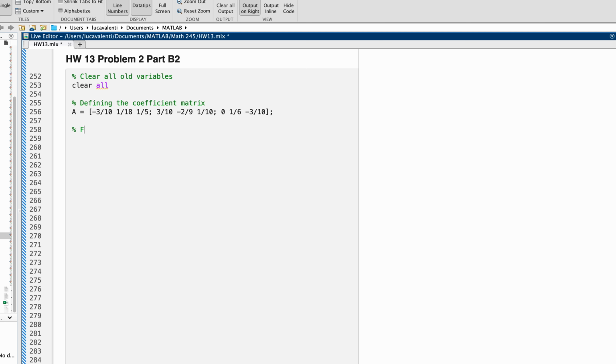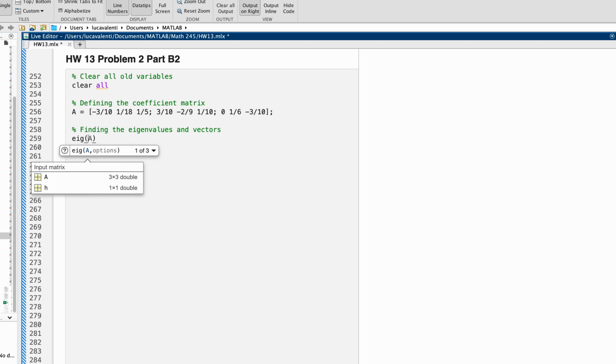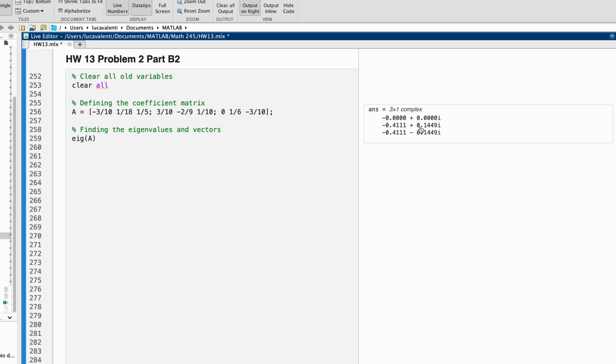Then what I'm going to do is I'm going to find the eigenvalues and vectors. First, I want to check if the eigenvalues are real or imaginary or repeated. So we have a 0, 0 eigenvalue, and then we have these two.